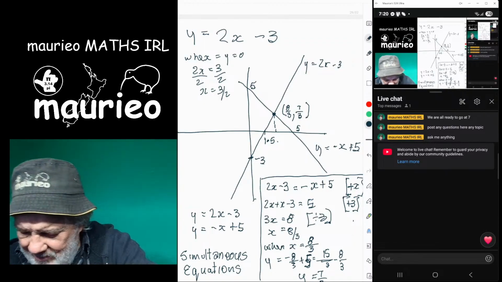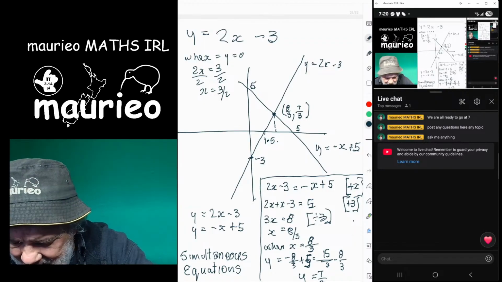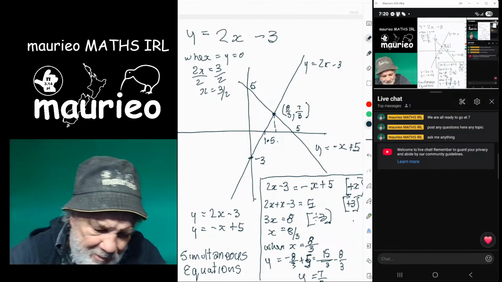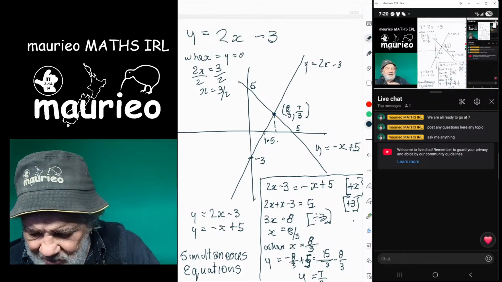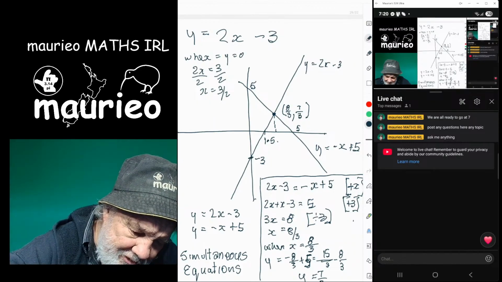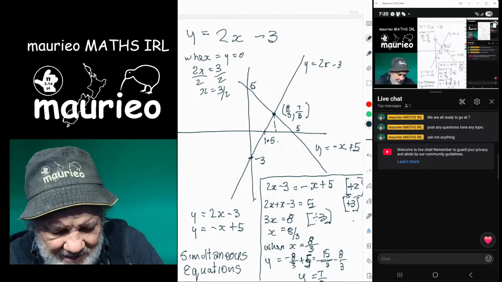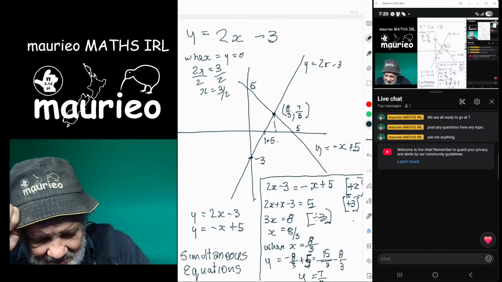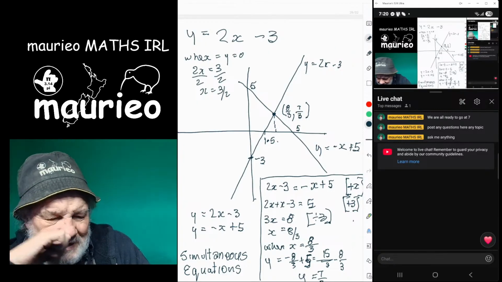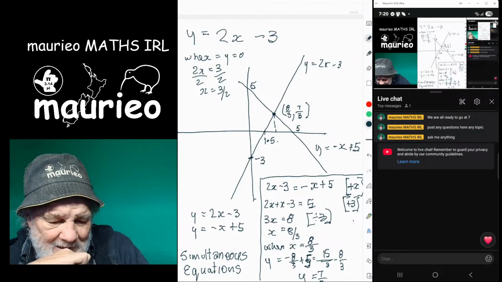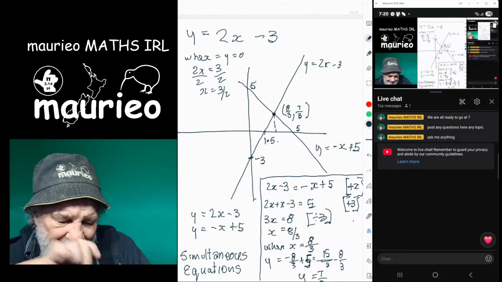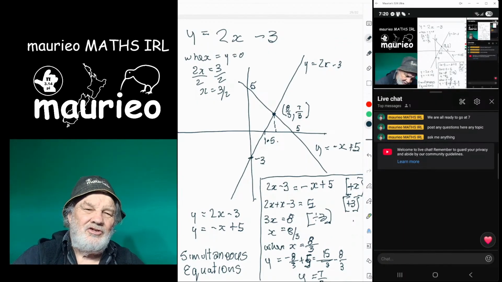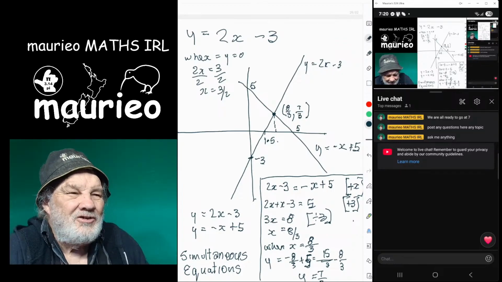You might have noticed me hesitating a little bit there when I was doing that second line, because what I was trying to do is to see if I could get nice whole numbers in there rather than the fractions, and that can take a little bit of doing, to actually formulate questions that give nice whole answers.